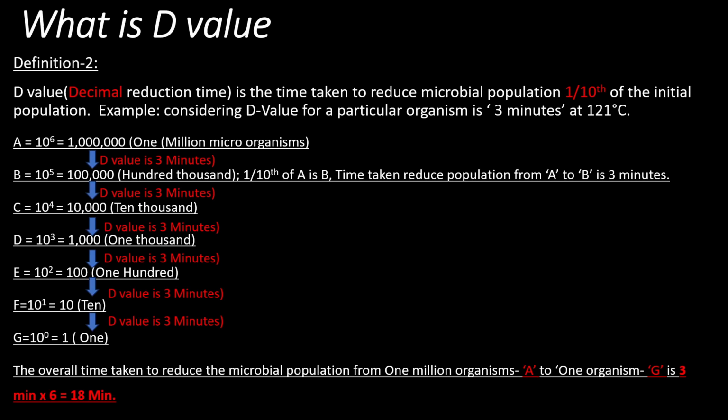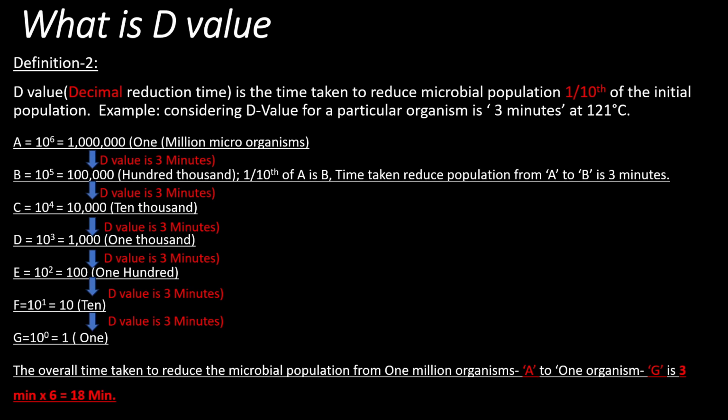So the time it has taken to reduce 1/10 of the population from A to B is 3 minutes. So to reduce the population by 1/10, it took 3 minutes, which you can say is the D-value for this microorganism: 3 minutes.